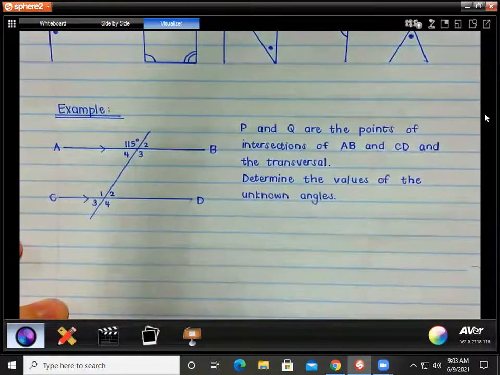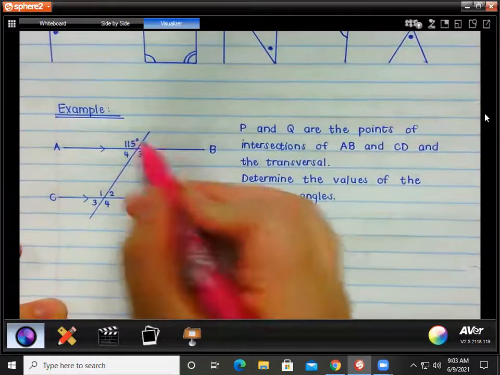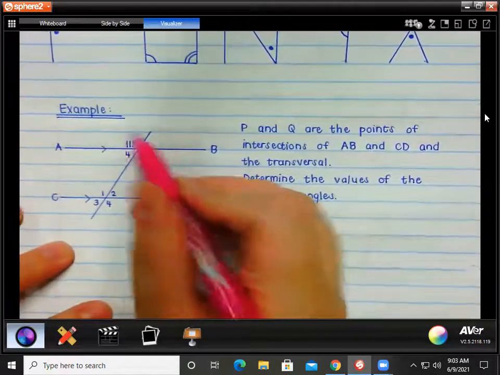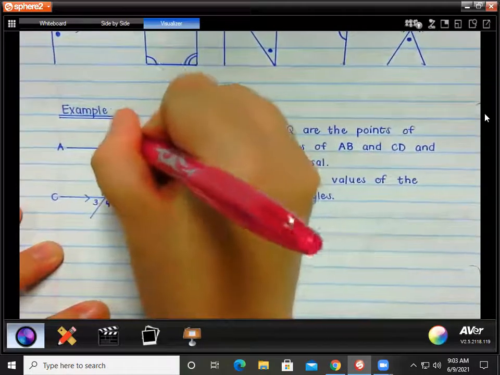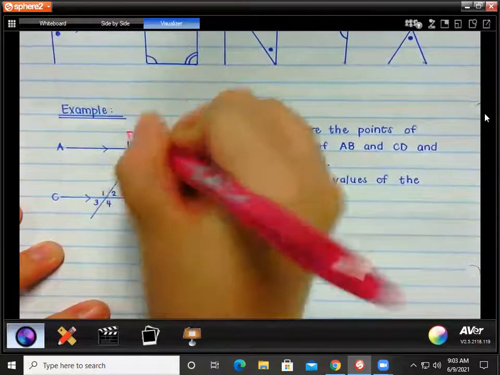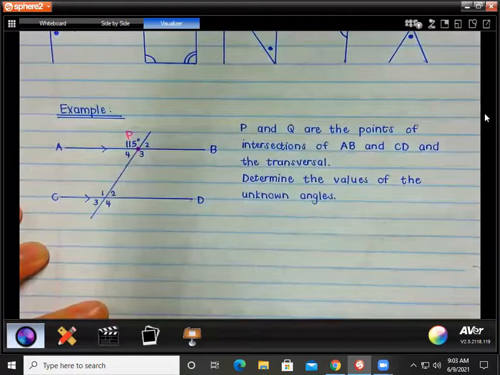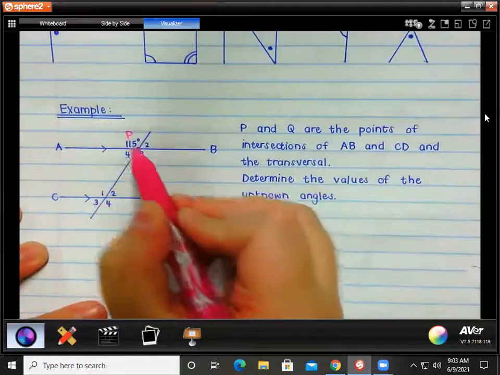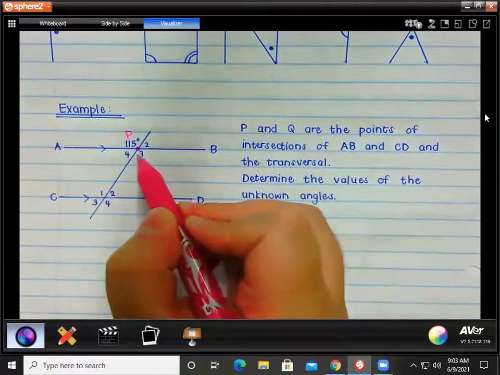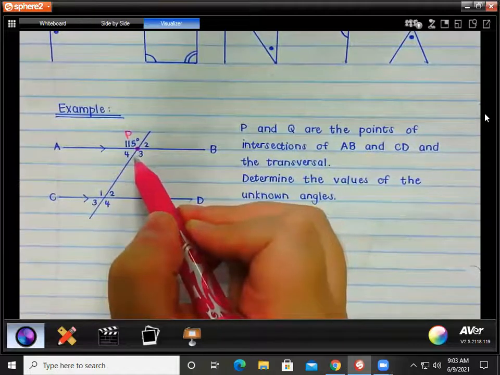All right. So it's a bit difficult to actually fit in a P over there. But just write it somewhere, maybe above the 115. But just keep in mind that P is not an angle. P is actually that point.